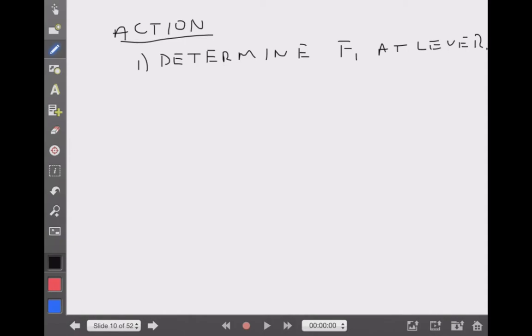So let's do that first. Let's determine what F1 at the lever is. F1 over F, using the mechanical lever advantage, is just going to be L1 over L2. And this is just 33 centimeters, the total length of the rod, over 3 centimeters.